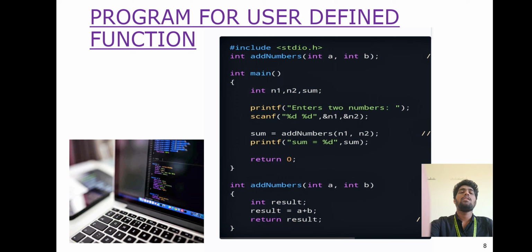It goes to the called function, performs some action, and returns the result to addNumbers(n1, n2). Now sum equals the result, and printf of sum will print the result after adding the two numbers. What will be the output? It will be printed on our screen.